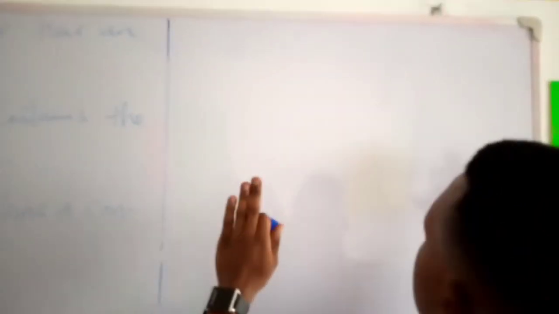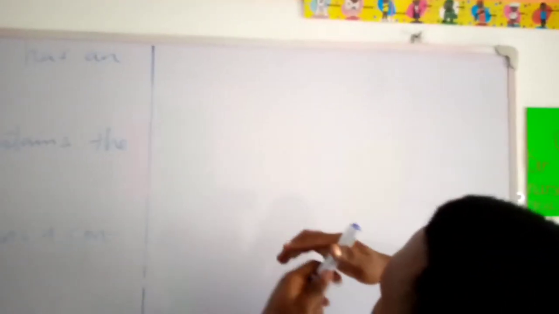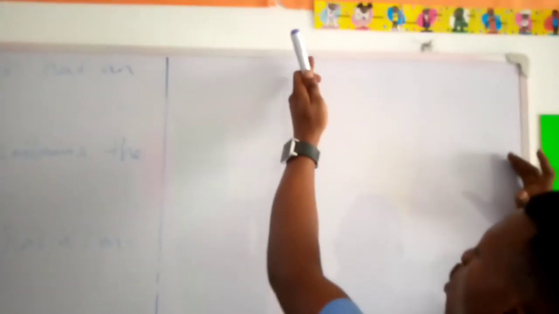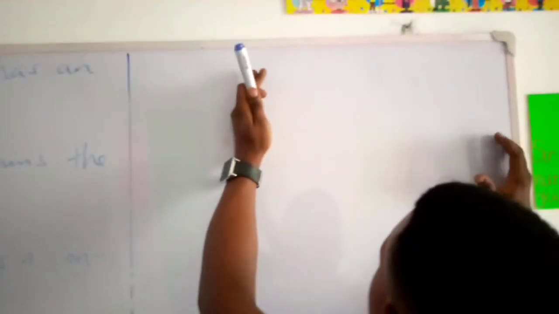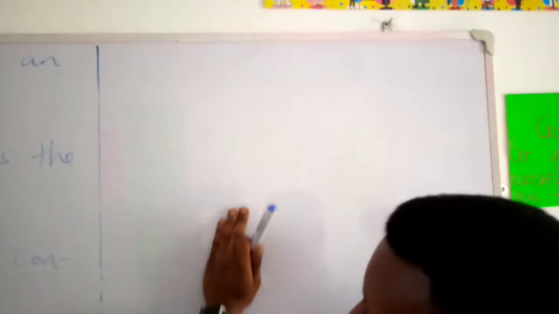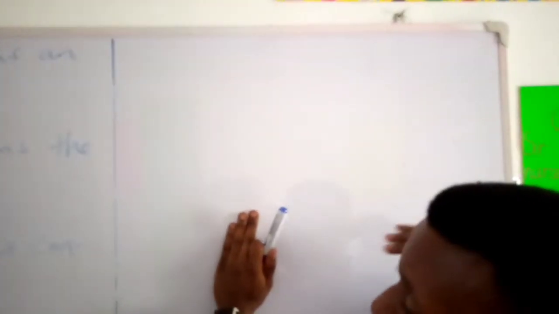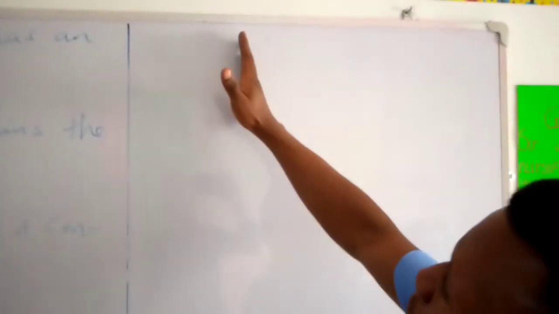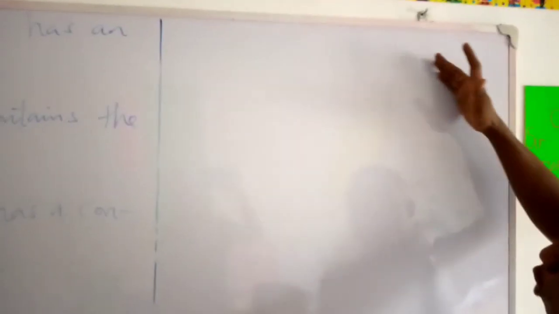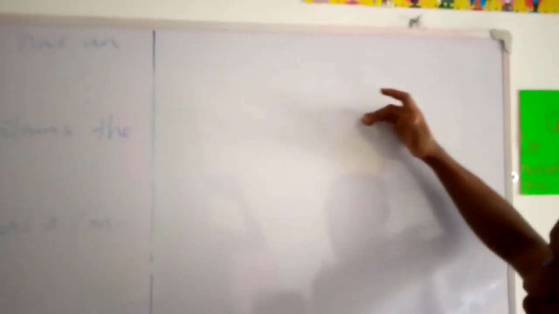So I'm going to use this board as a practical in writing this letter. Now when writing your address, make sure you give enough space so that you don't have to cut your address. You give enough space so that your address will flow well for whoever is reading your letter to understand what you are writing.